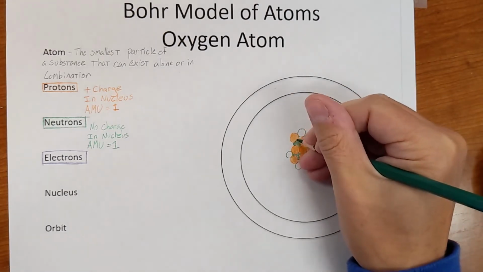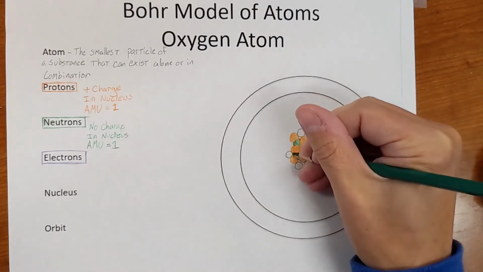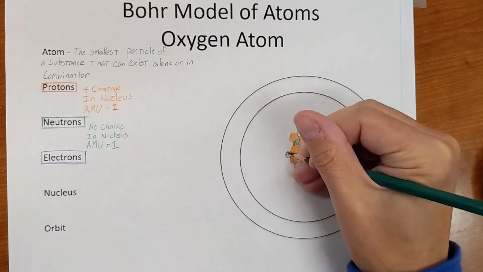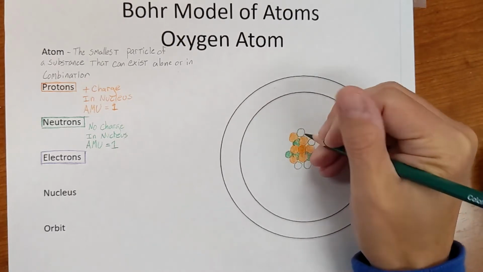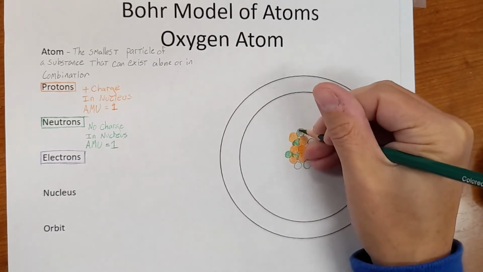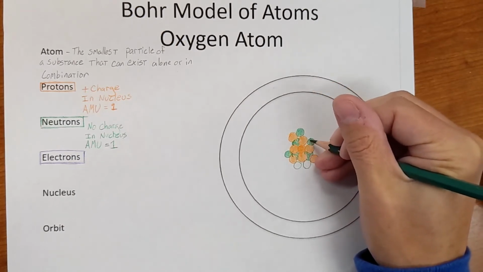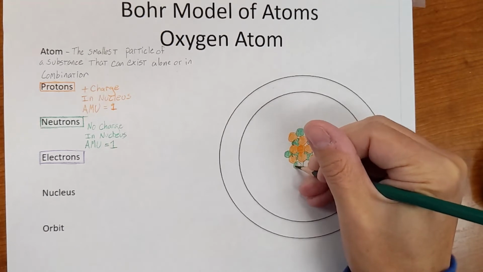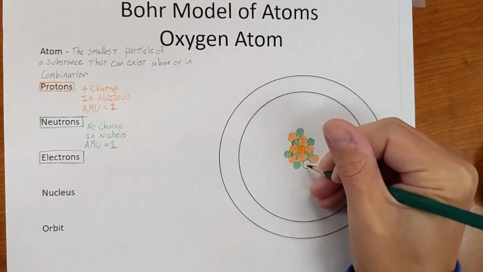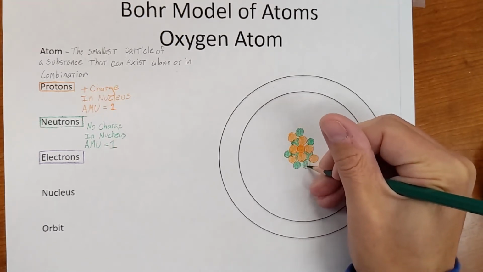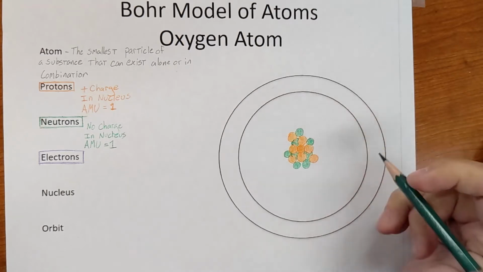So you would see them existing in 3 dimensions that way. So that's why I'm drawing it the way I am, because they exist more like a cluster of grapes.